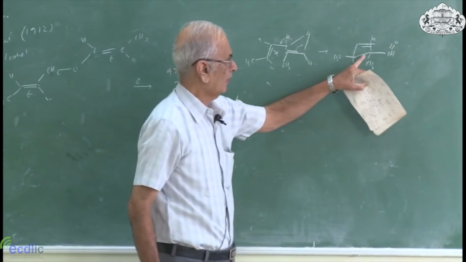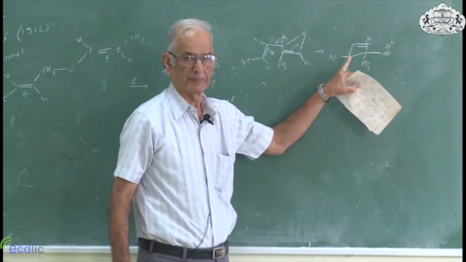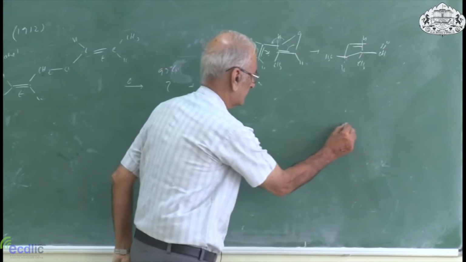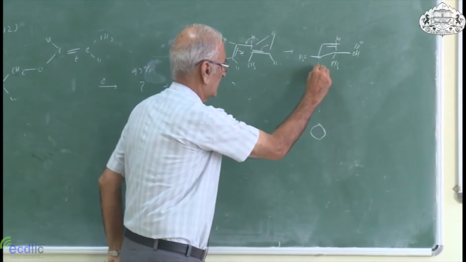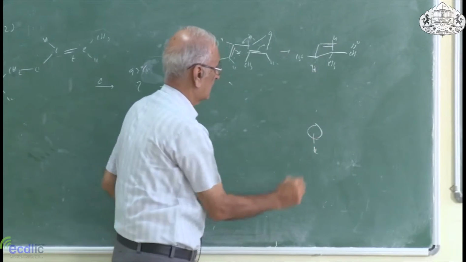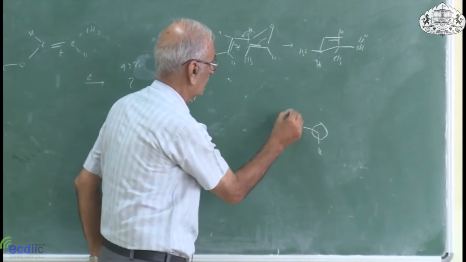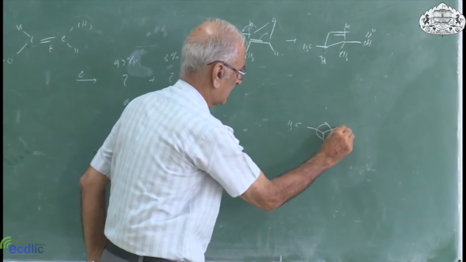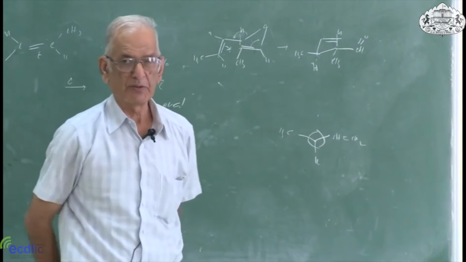So we are going to draw Newman projection looking along this bond. Hydrogen here, methyl group on the left, vinyl group on the right.